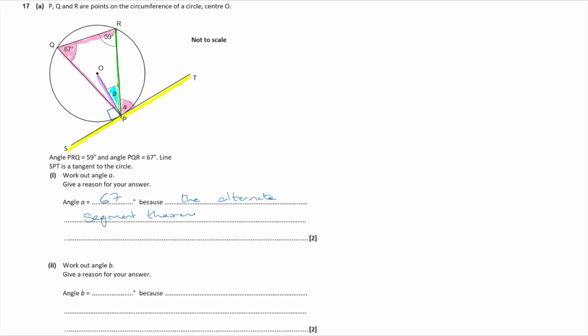So if that is a right angle, then B and A must make a right angle between them, and so B is going to be 90 take away A, isn't it? So 90 is equal to B plus A, which is equal to B plus, we said A was 67, so B is equal to 90 take away 67, it's going to be 23.